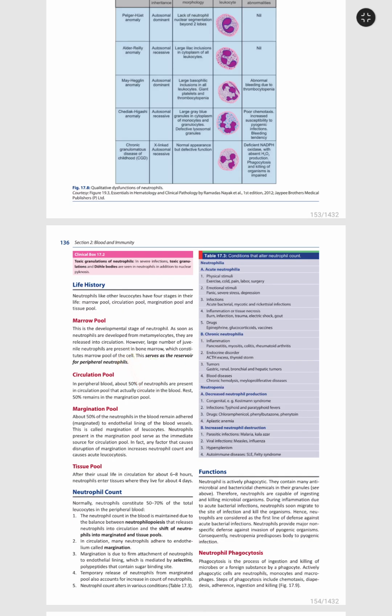Increased neutrophil count is called neutrophilia; decreased is neutropenia.